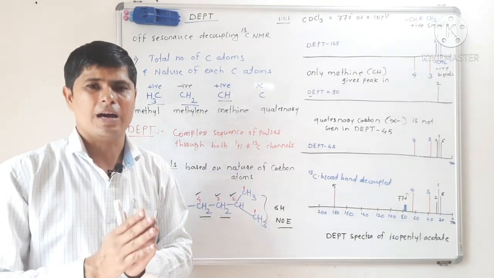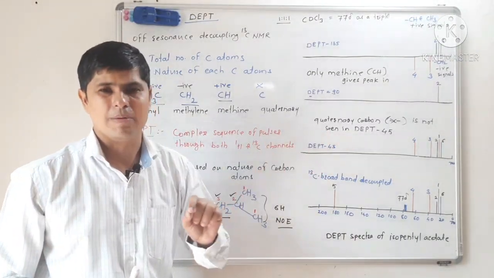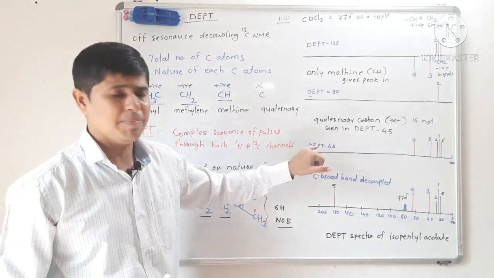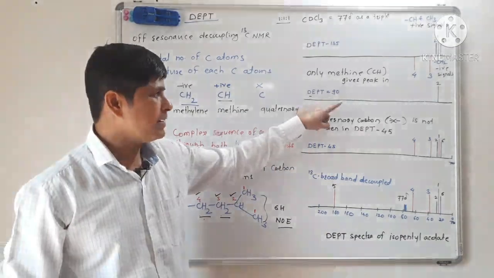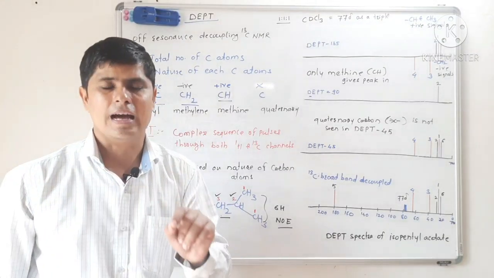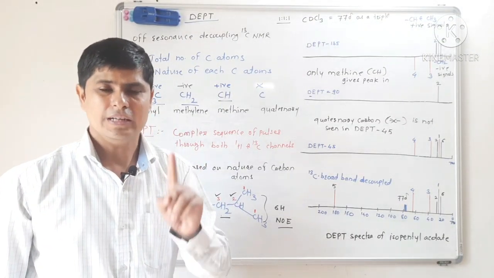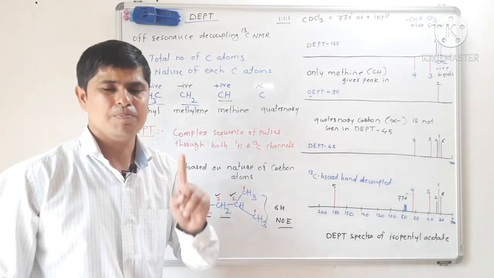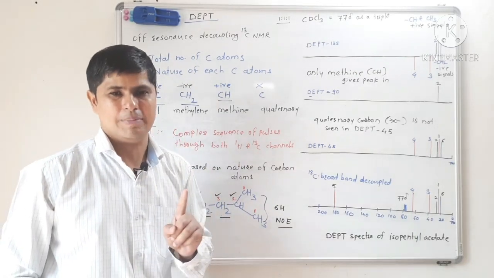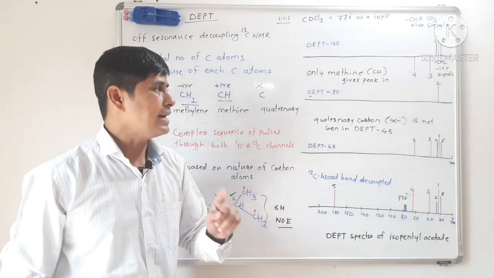All such types of carbon atoms we can see in DEPT 45. While in DEPT 90 we can see peaks only for a carbon atom which has one hydrogen, that is, only for methine carbon.